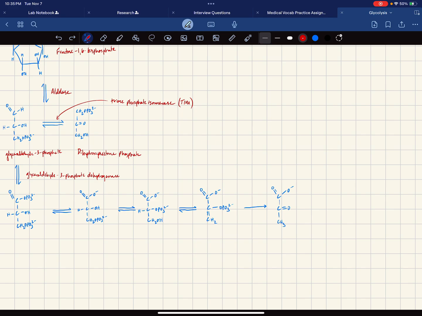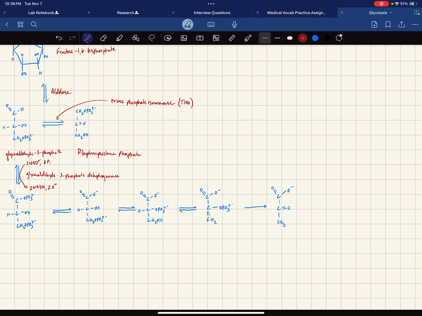If it is a redox reaction, then you know that you need some other agent, in this case an oxidizing agent, because we're oxidizing our glyceraldehyde. So what's going to happen here is we take 2 NAD+ and 2 inorganic phosphates, and we create 2 NADHs and 2 H+.